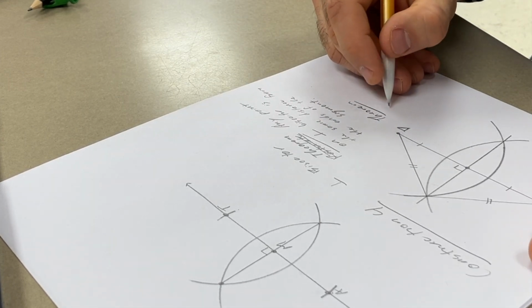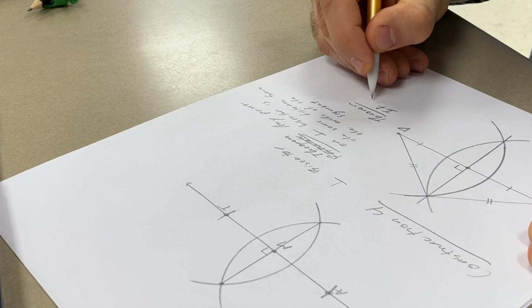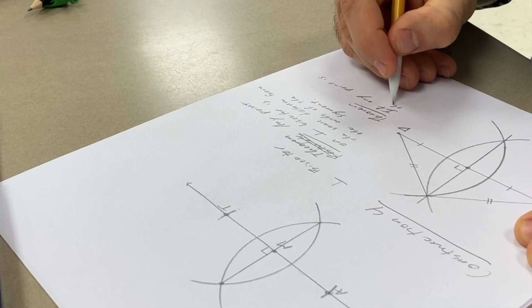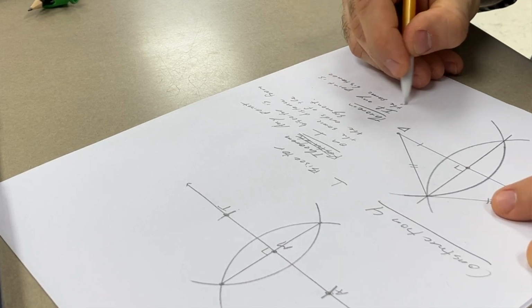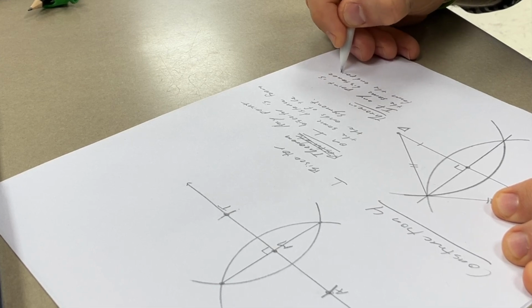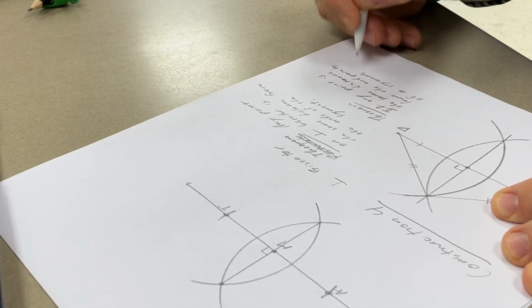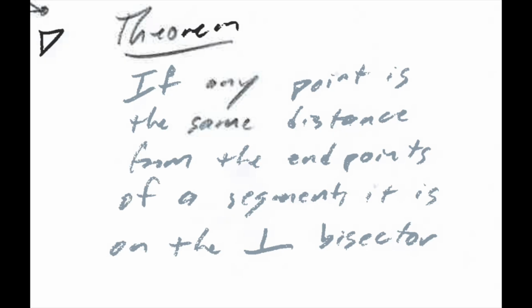So the idea is that if any point is the same distance from the endpoints of a segment, it is on the perpendicular bisector. Okay.